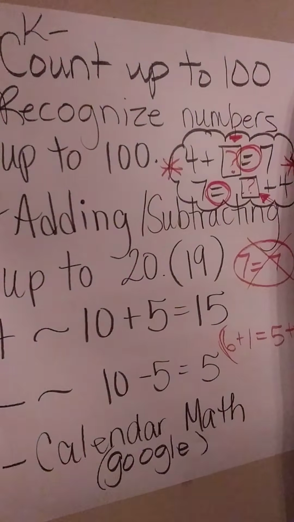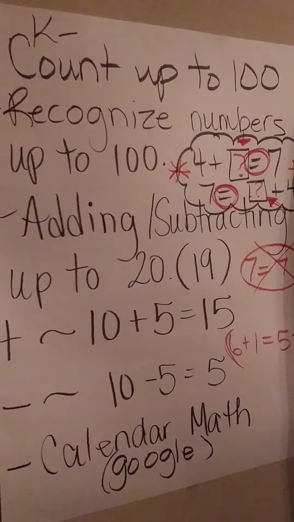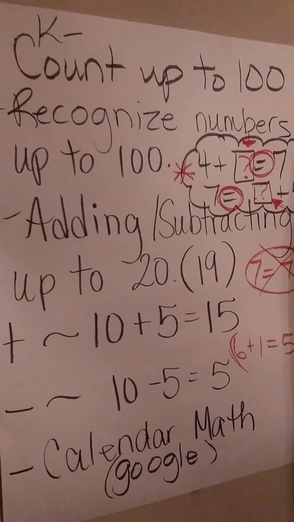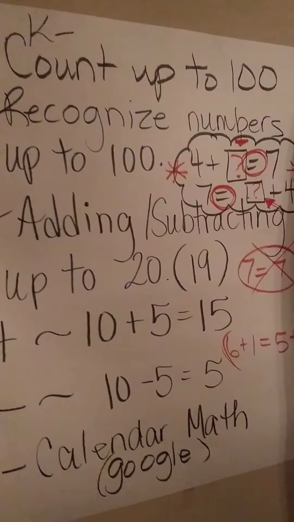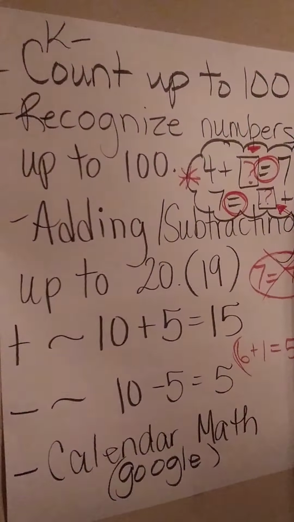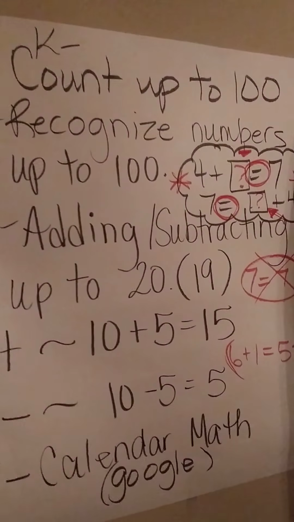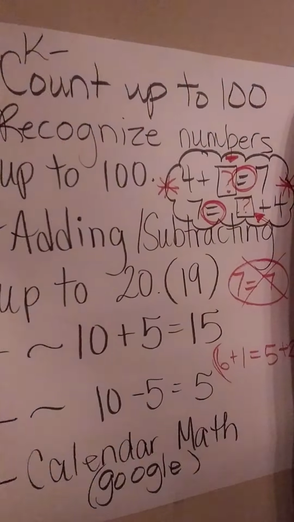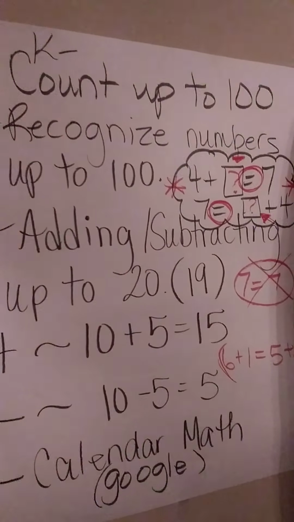So you can make your own counting chart from 1 to 100, or break it up. You can do 1 through 10, 10 through 20, 20 through 30, 30 through 40, 40 through 50, 60s, 70s, 80s, 90s, up to 100, and then combine it all together. Okay?